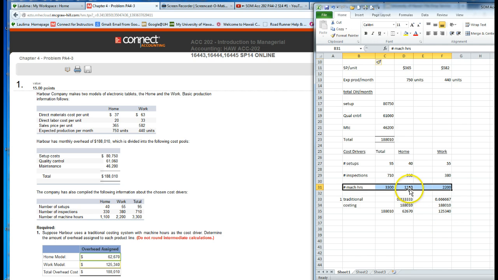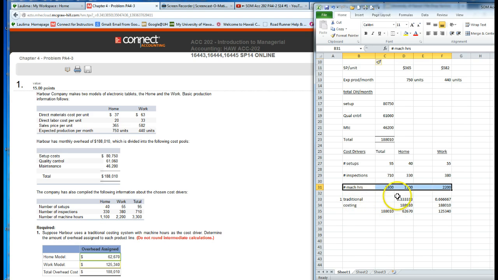So for the home product, it's 1100. For the work product, it's 2200. Total is 3300. And the question here is asking if we're using a traditional costing system with machine hours as a cost driver, what would be the amount of overhead assigned to each of the two product lines, home and work?